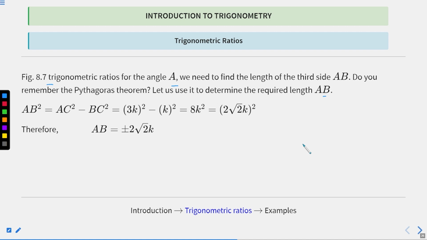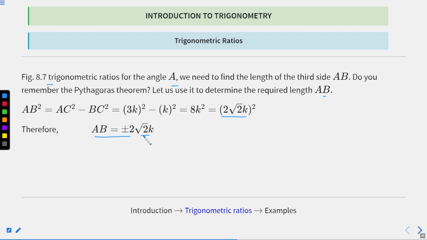So here AB square is equal to AC square minus BC square. We have hypotenuse AC equal to 3K and BC equal to K. So this is equal to (3K) whole square minus K square, which is 8K square. You can write it as (2 times root 2 K) whole square. Therefore the length of AB is equal to plus or minus 2 times root 2 K.